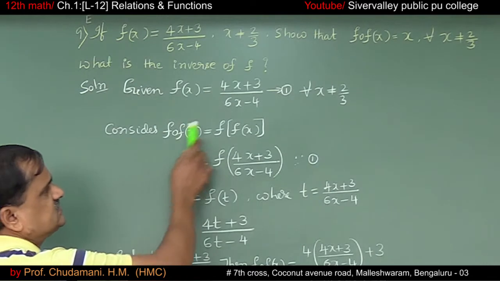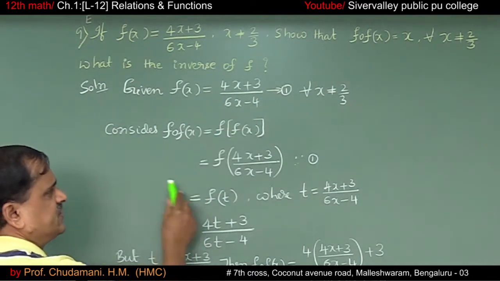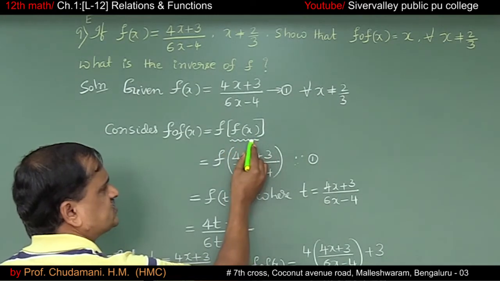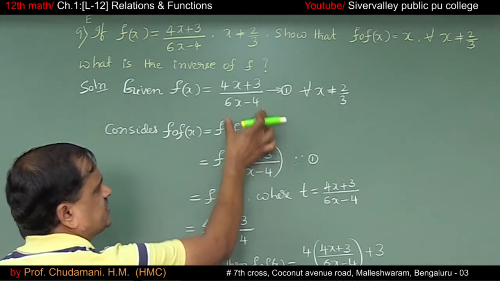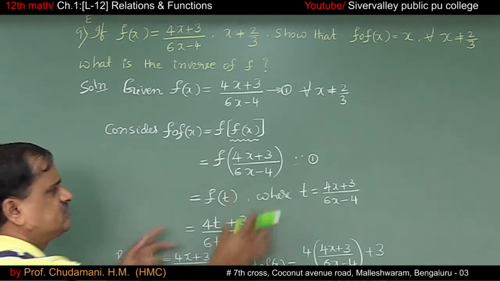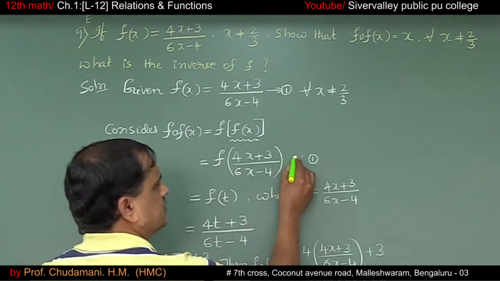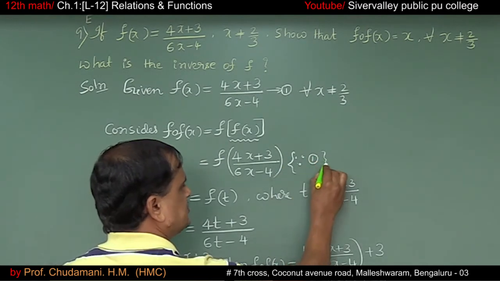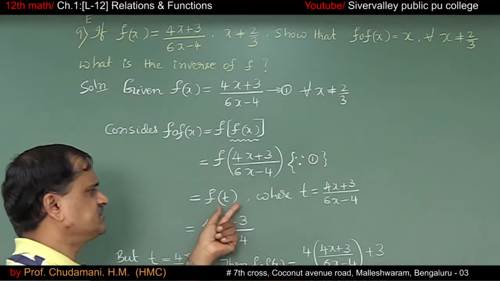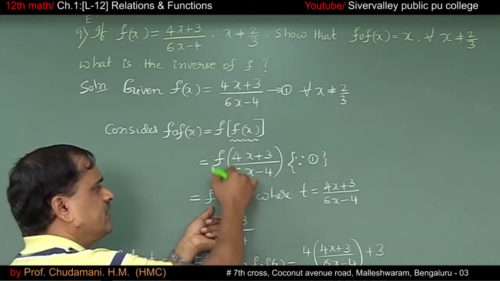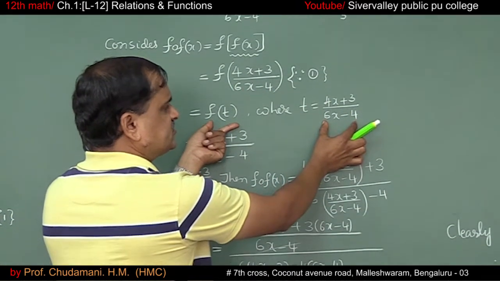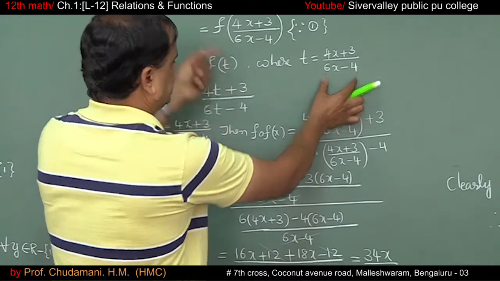Now consider composition of f and f. So what is this? f of x can be written as 4x plus 3 divided by 6x minus 4, by using equation 1. Let me denote this as some t. f of t, where t is equal to 4x plus 3 divided by 6x minus 4.